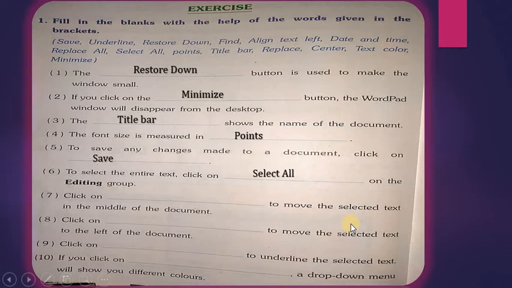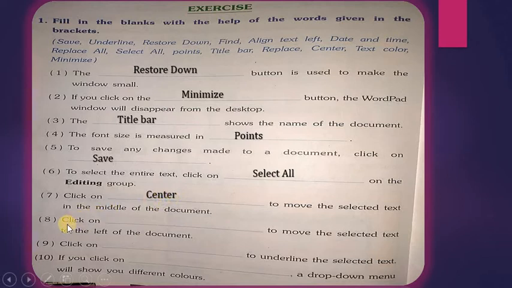So which alignment? We have three alignments, right? Align left, align center, align right. If we want text in the center, the alignment is center. It's so easy, right? Middle means center, so alignment center.